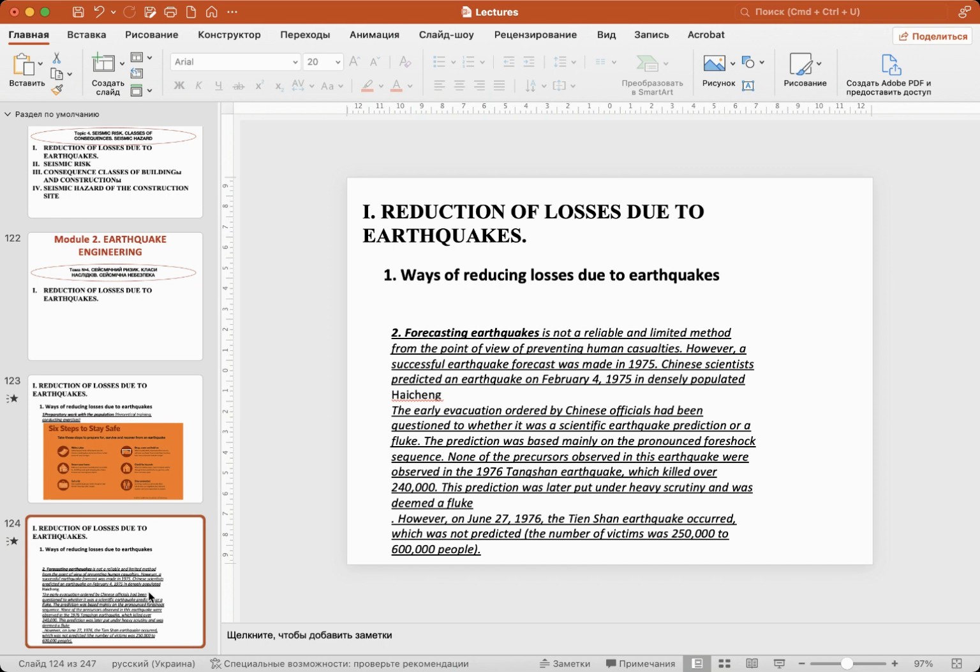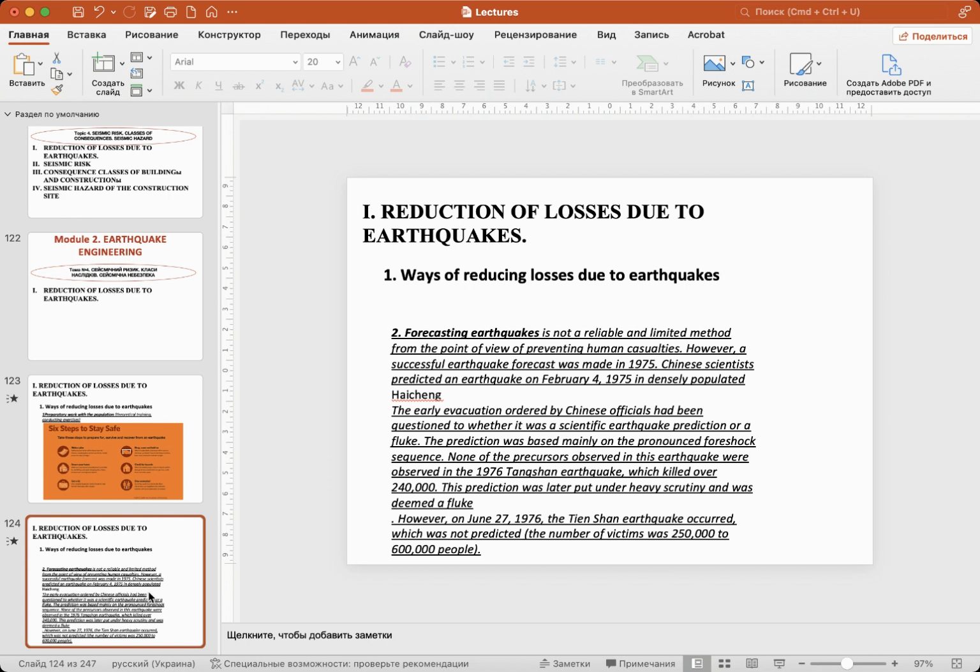And after that evacuation, there was an earthquake, and that earthquake was really hard. According to the analysis of the destruction, more than 300,000 people would have died during that earthquake because of damage and destruction of buildings. So that forecast saved more than 300,000 lives, and that is a very interesting example.